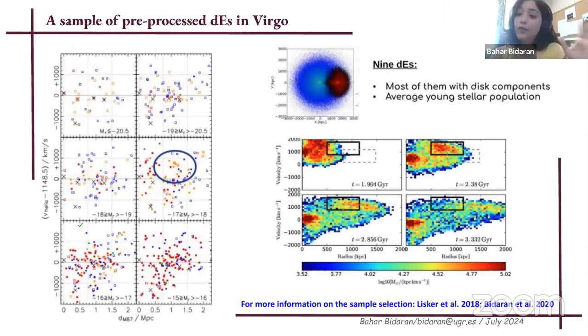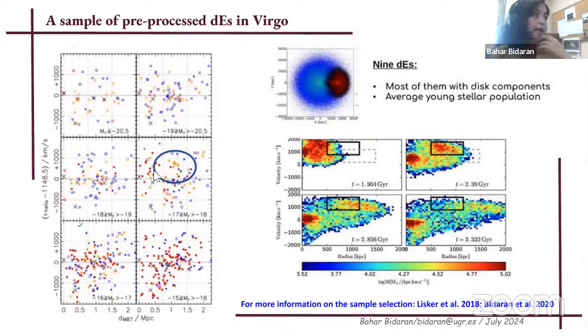Okay. Again, motivated by the concept of the phase space diagram, Lisker et al. in 2018 went back to the Virgo cluster and plotted the distribution of all of the galaxies, not just dwarfs, all of the galaxies of Virgo on the phase space diagram. On the left-hand panel, I'm showing 6 different panels because they binned their galaxies based on the absolute R-band magnitude, which is a proxy also for the stellar mass.